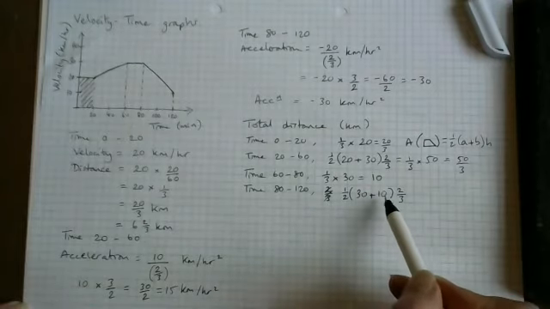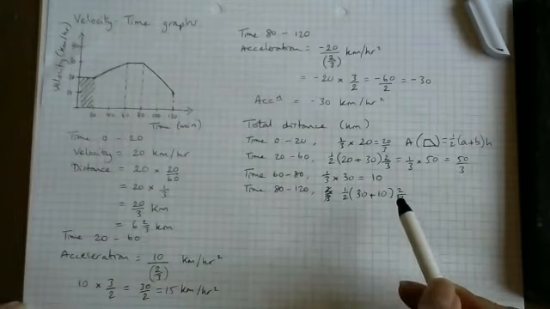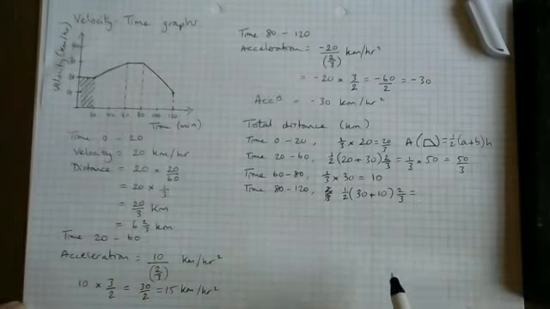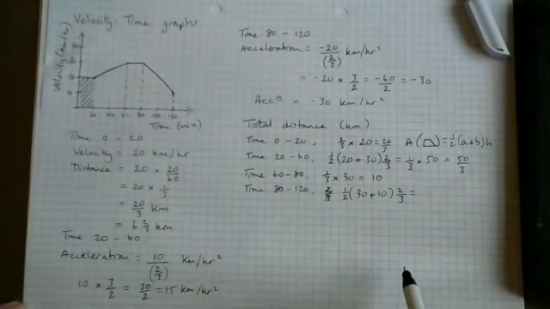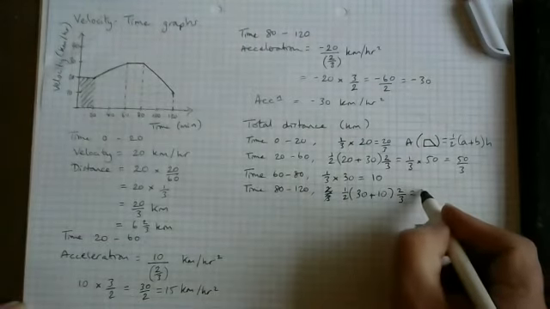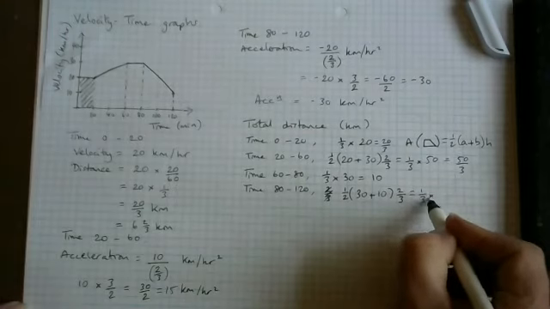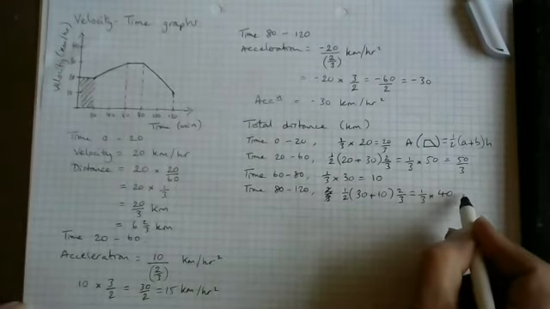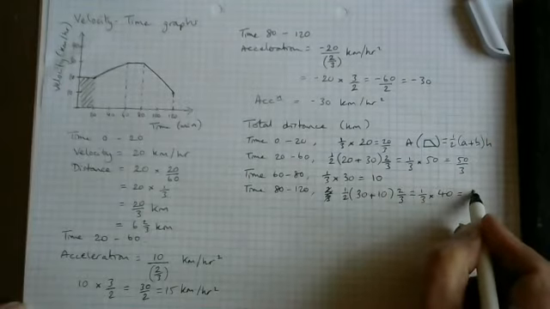Do things exactly the same way over and over again, you get into the exam room and you remember how to do them. Equals a half times 2/3, that's 1/3. 30 plus 10 is 40. That's 40 over 3.